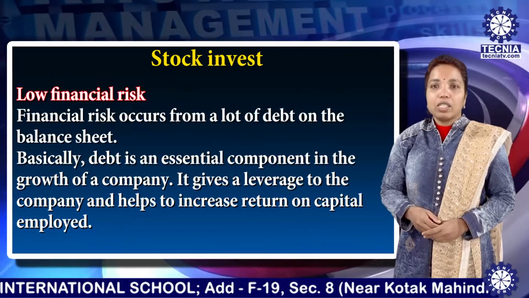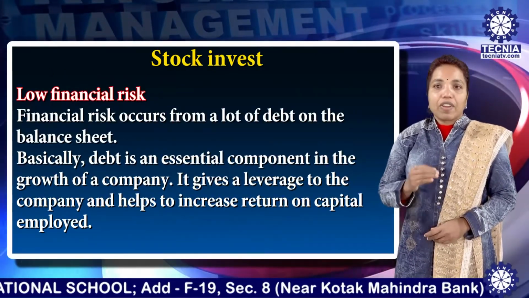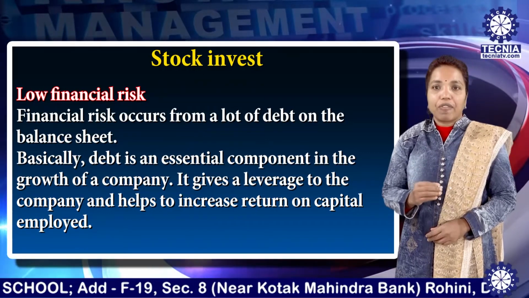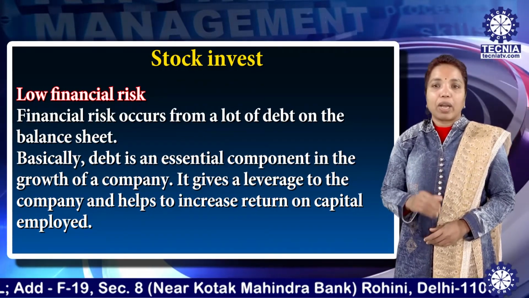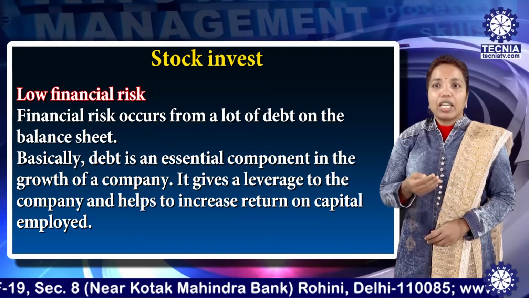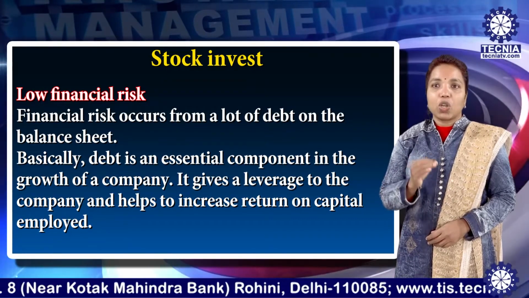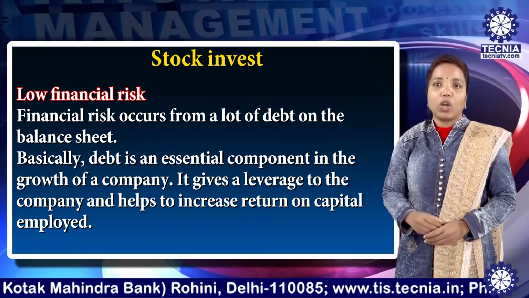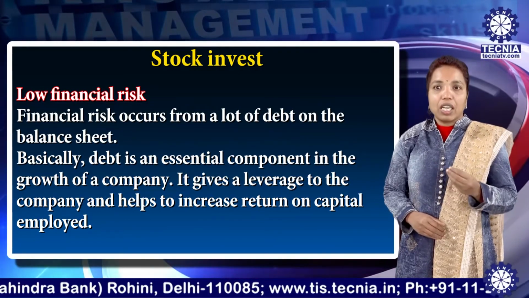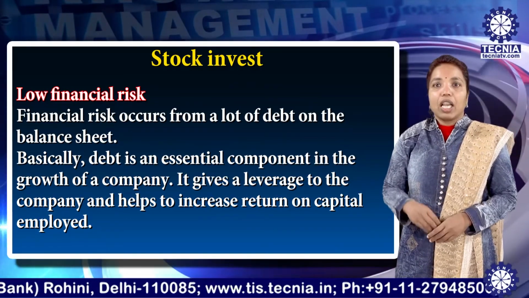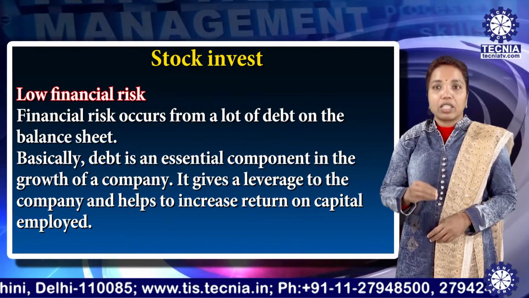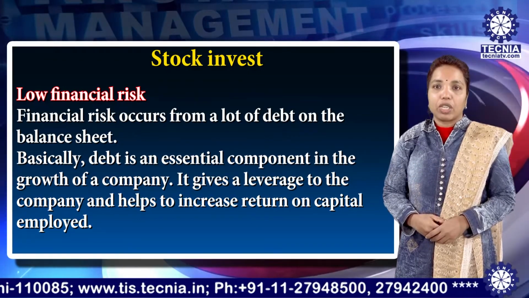Then the third one is low financial risk. Financial risk occurs from a lot of debt on the balance sheet. Basically, debt is an essential component in the growth of a company. It gives a leverage to the company and helps to increase return on capital employed.